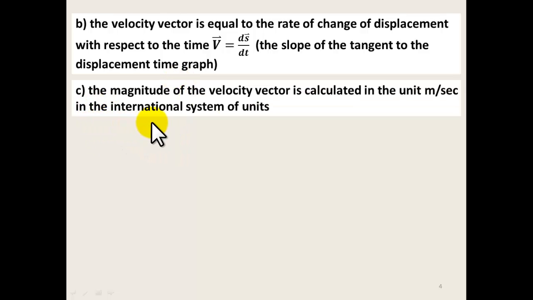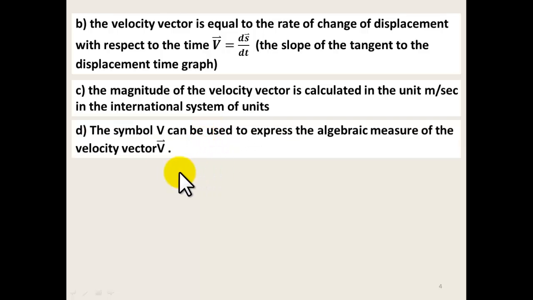C. The magnitude of the velocity vector is calculated in the unit meter per second in the International System of Units. The symbol v can be used to express the algebraic measure of the velocity vector v.